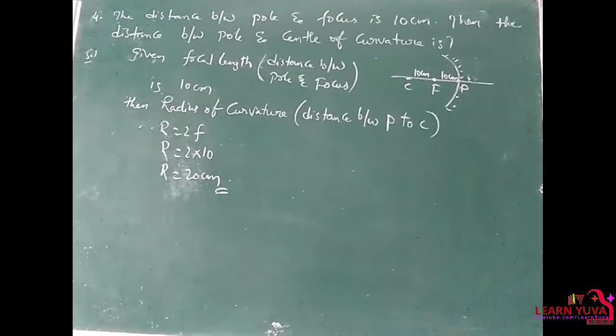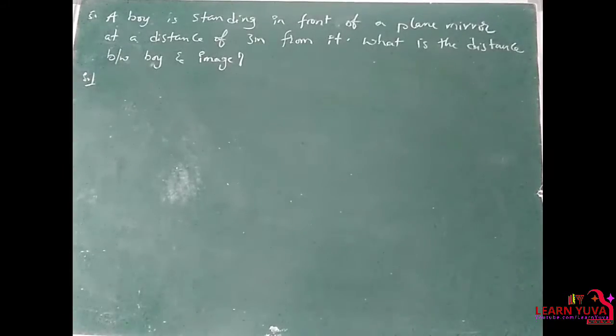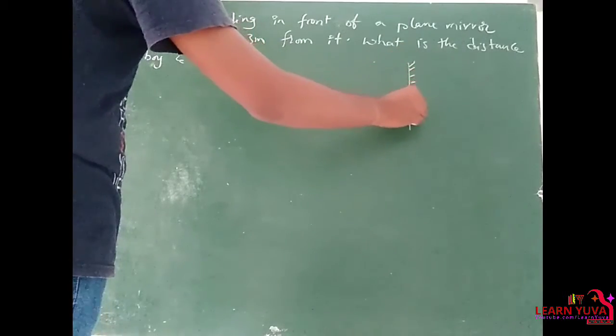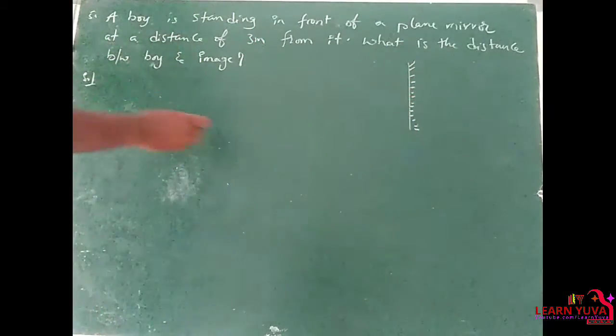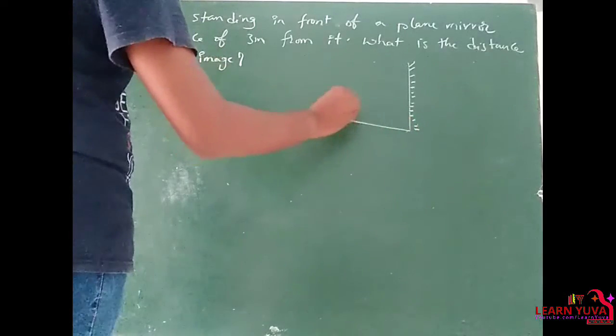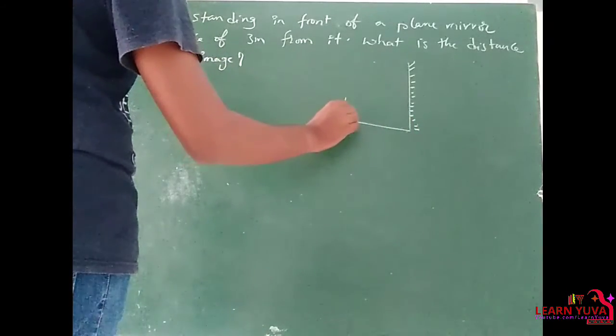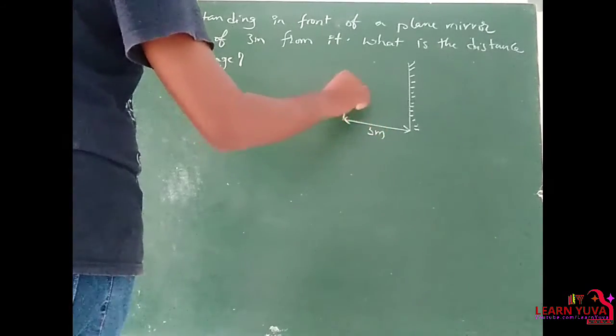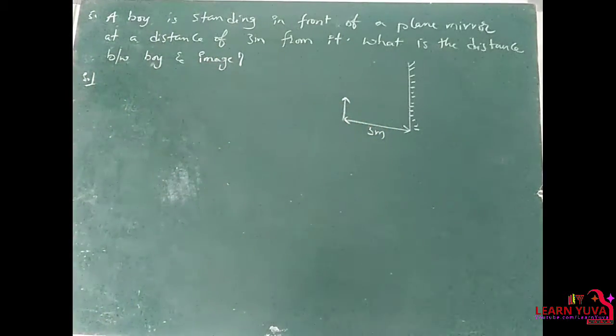The question is, a boy is standing in front of a plane mirror at a distance of 3 meters from it. So from here to here the distance is 3 meters. What is the distance between the boy and the image?